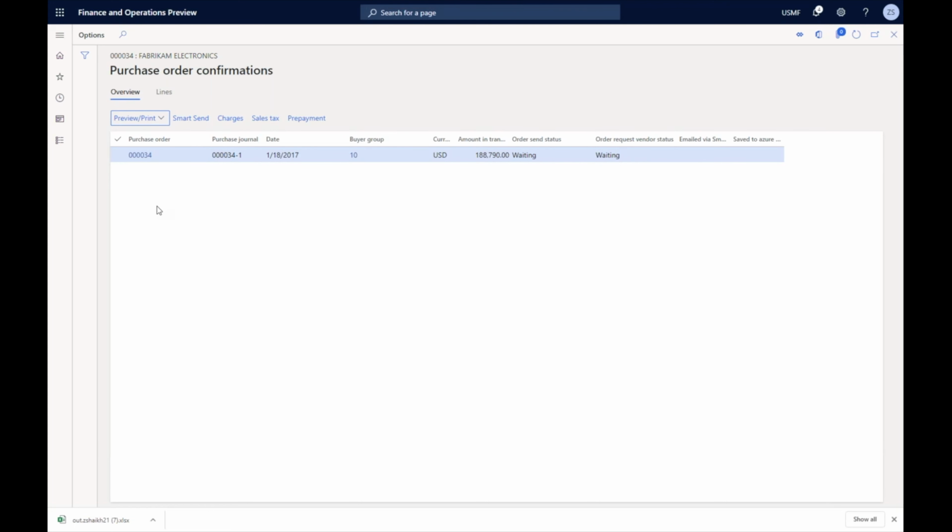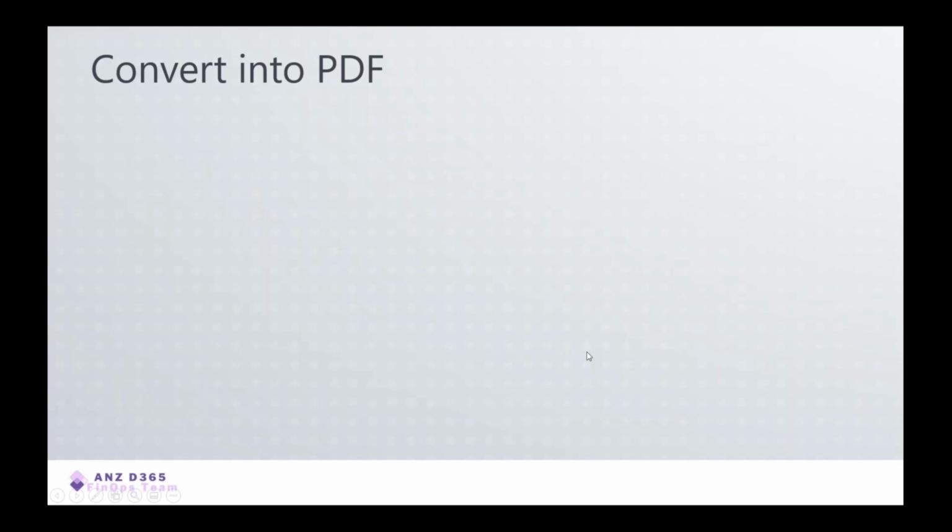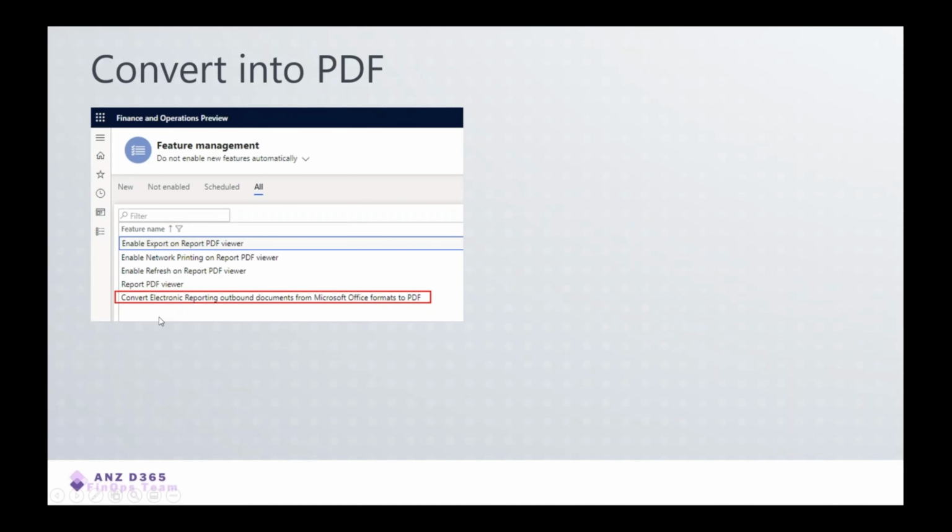Now, as of now, I have created the report in Excel file format. So how do we actually convert this Excel file into PDF? It's again a new feature by Microsoft. I think it is mentioned in my slides as well. You have to activate the feature to convert electronic report outbound documents from Microsoft Office template formats to PDF.